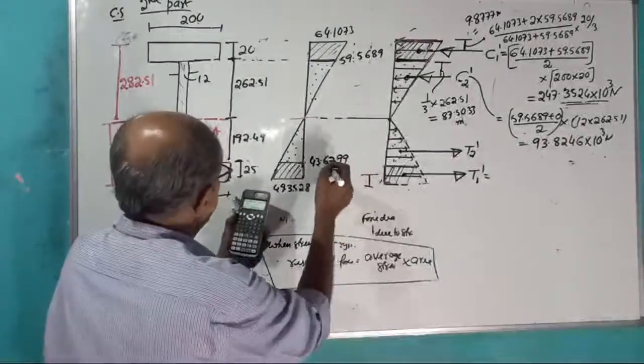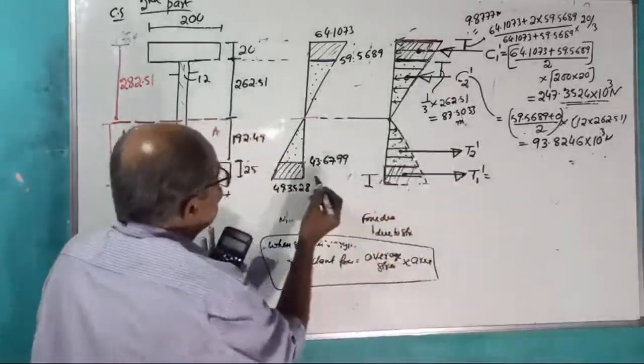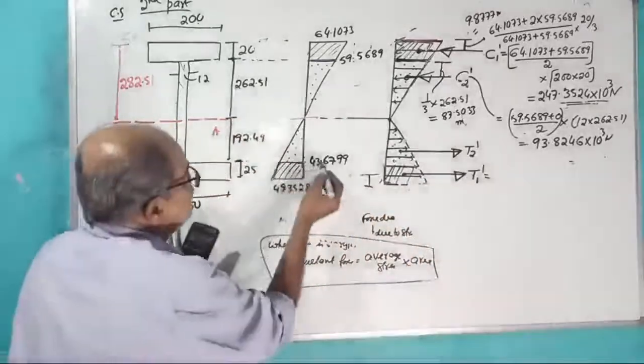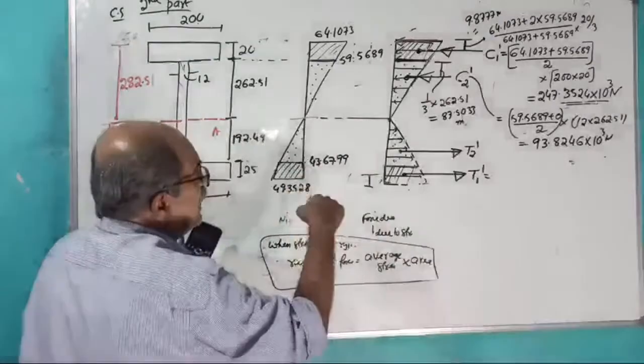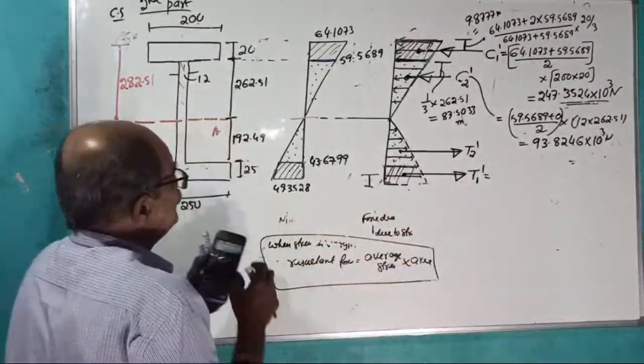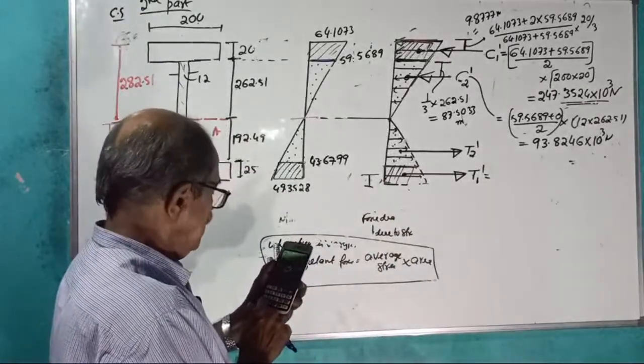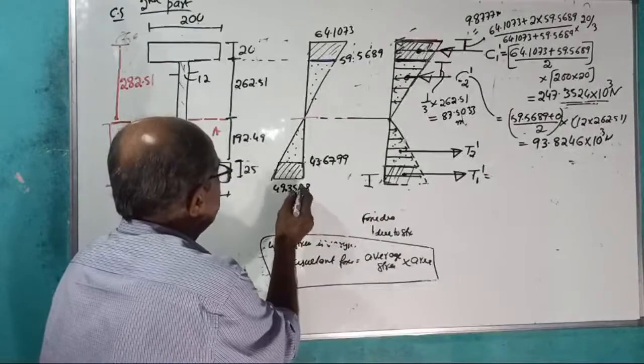Okay. Now you calculate this force equal to this average stress: the sum of these two divided by 2 is the average stress, into this area. You should do it. 49.35. Remember.